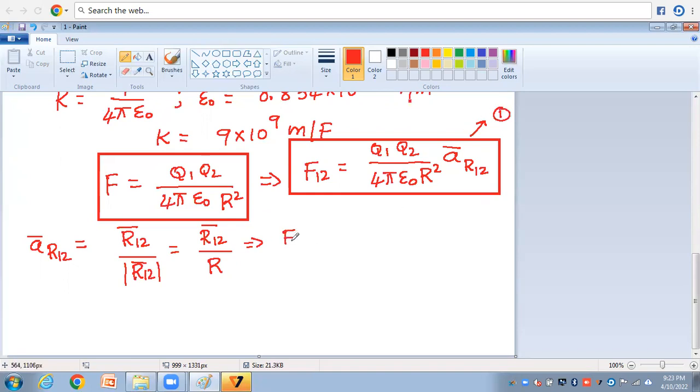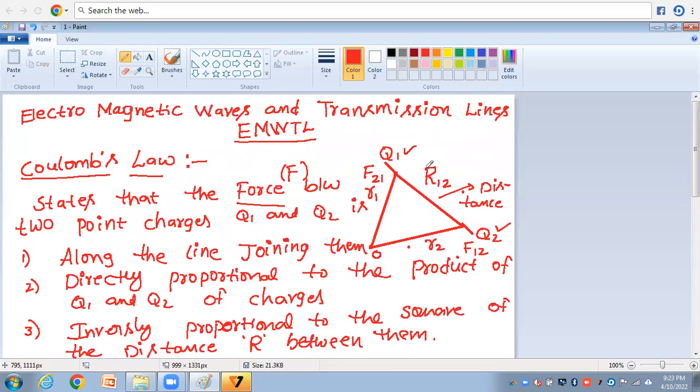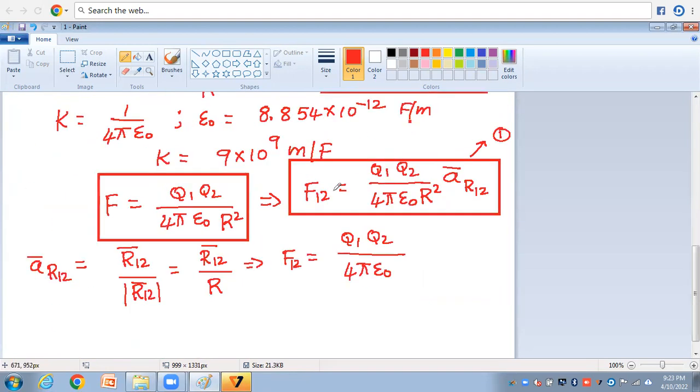Now F12 equal to Q1 Q2 by 4 pi epsilon naught. If it is distance R, this distance R is denoted with R12. Now R is replaced with R12.